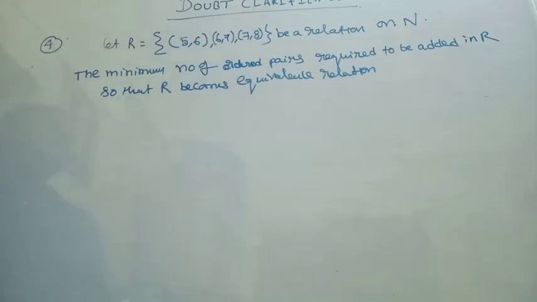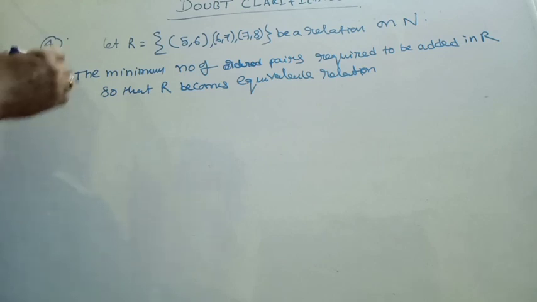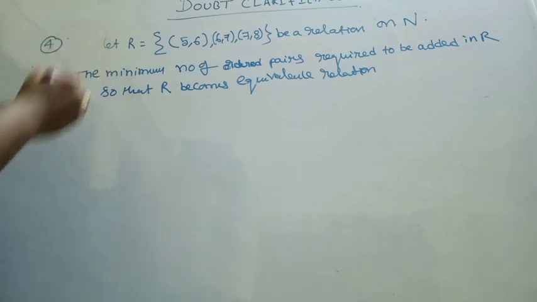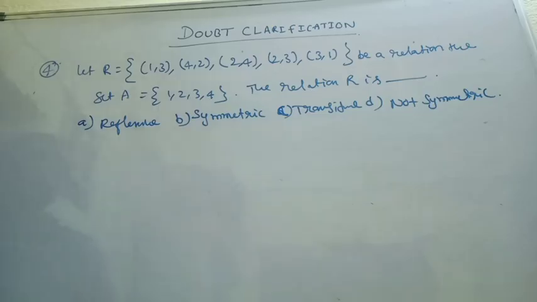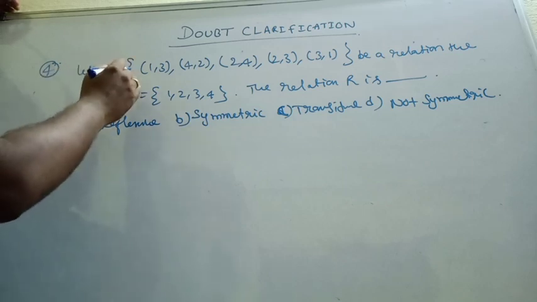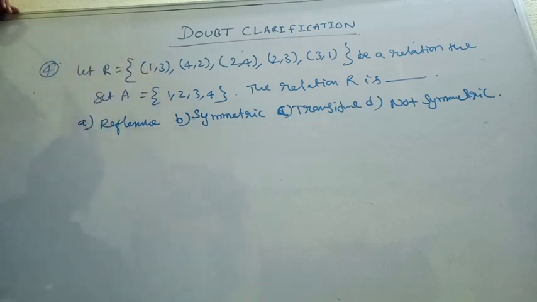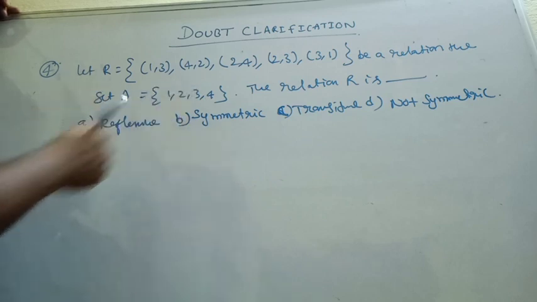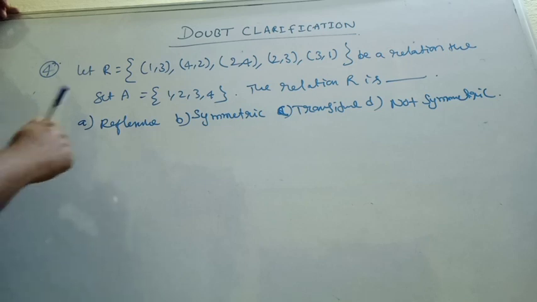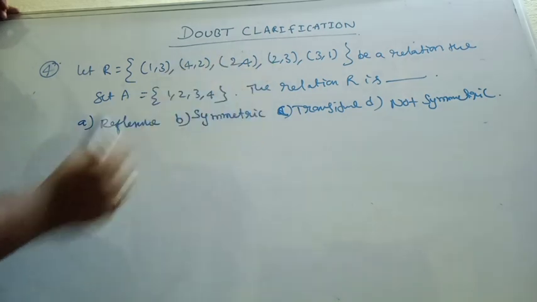Now see another problem, this fourth one. Let R equal {(1,3), (4,2), (2,4), (2,3), (3,1)} be a relation on the set A = {1,2,3,4}. The relation R is: reflexive, symmetric, transitive, or not symmetric.